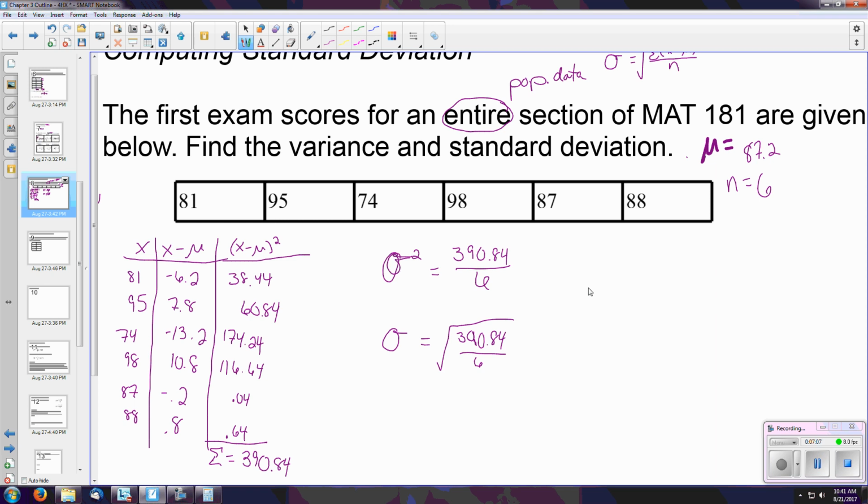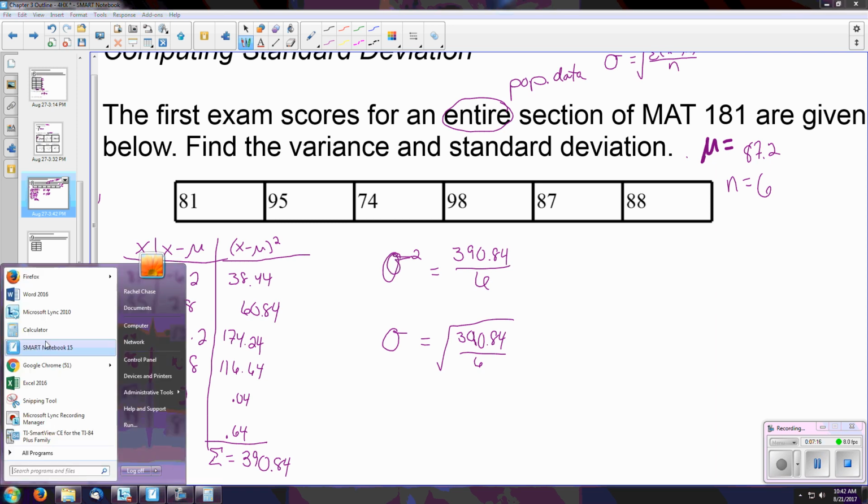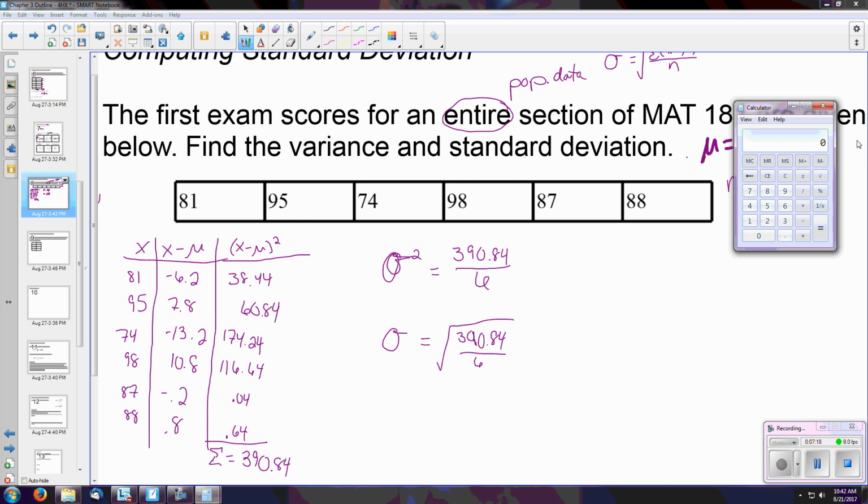One thing you have to be careful with is if you rounded your answer for variance, you cannot use the rounded answer when you take the square root. So let's take our calculator and take a look at what these would be.